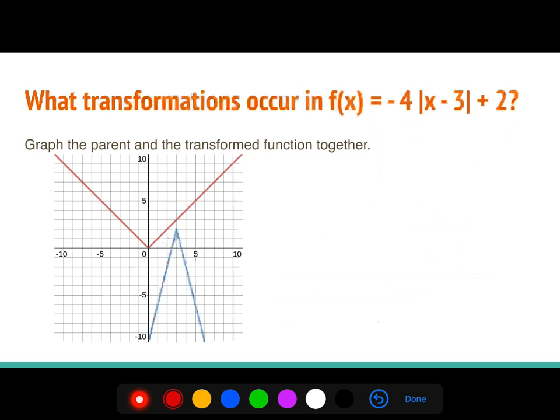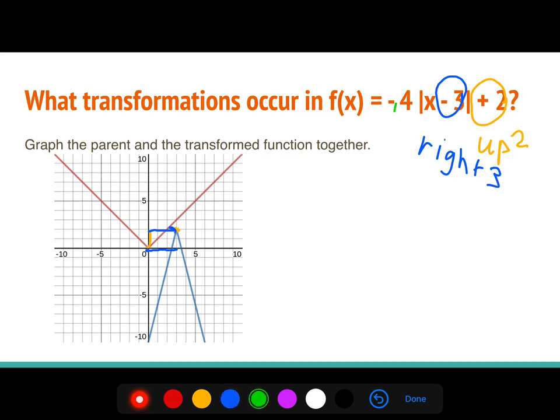All right, let's see what this one did. So I'm going to look at him. I've got an up 2. Which if I go from here, up 2, yeah, looks like he did go up 2. And I've got, according to this, a right 3. So if I go over to the right 1, 2, 3, yep, he's at the right 3.